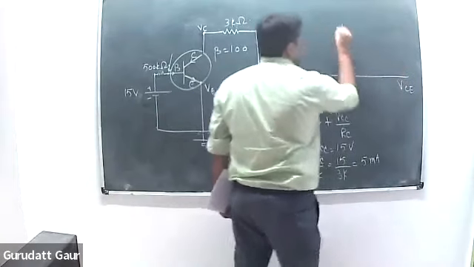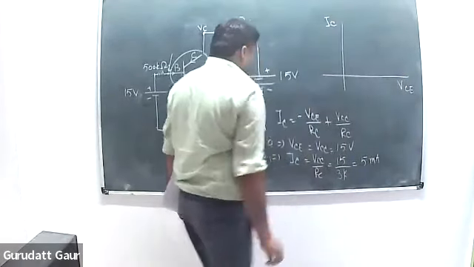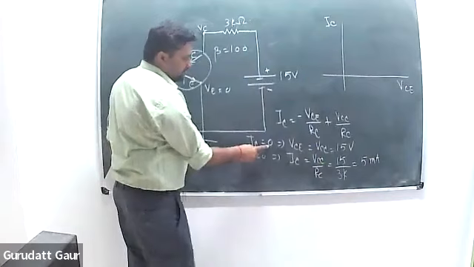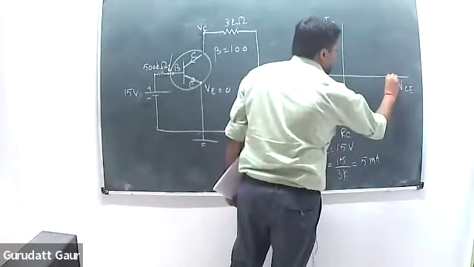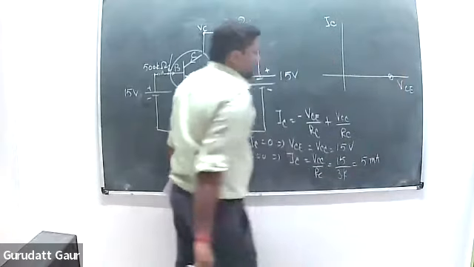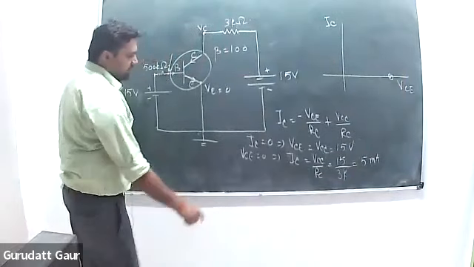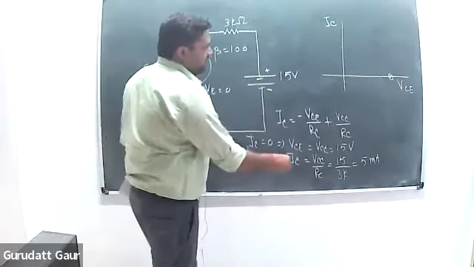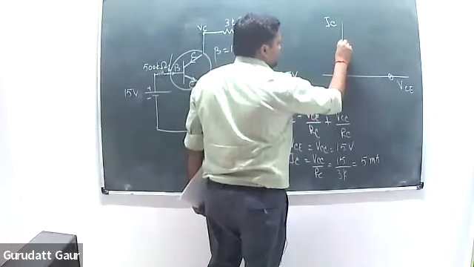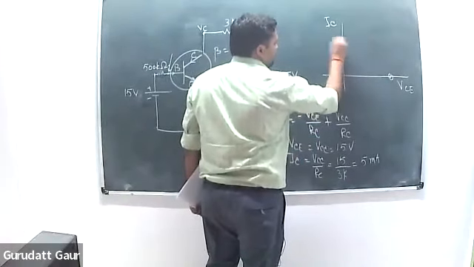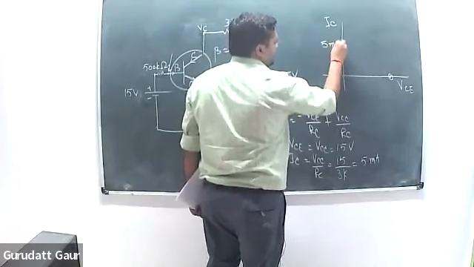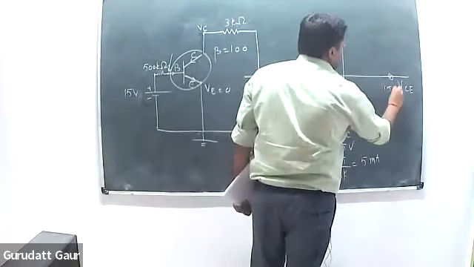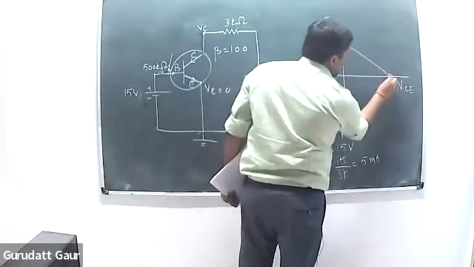VCE and IC. So 1 point is 0 and 15. ये point होगा यहाँ पे. And second point will be 0 and 5. Here. So this is the maximum current, 5 milliampere. This is 15 volt. So this is the load line.